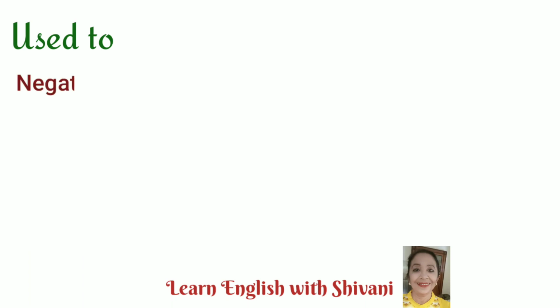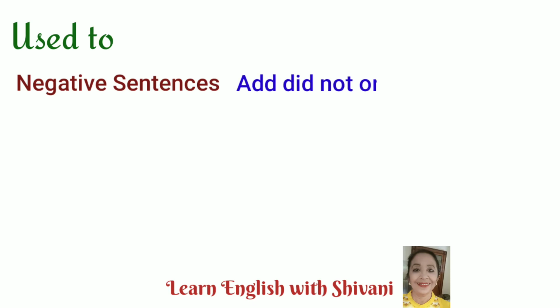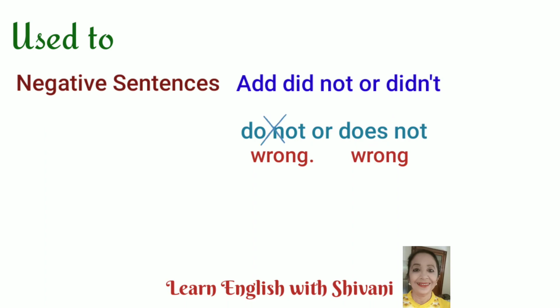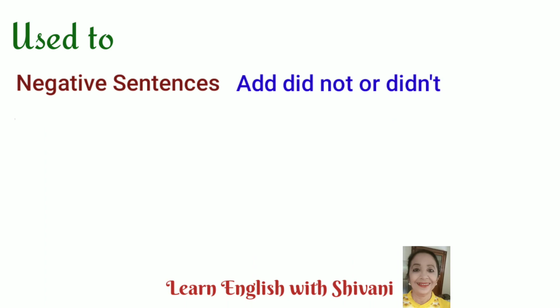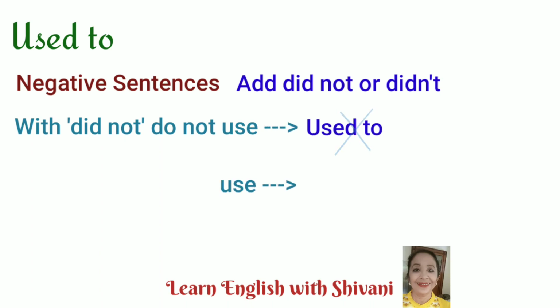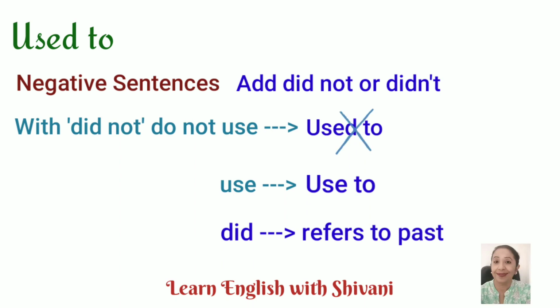Now let's see how negative sentences are formed. We can form negatives by adding did not. Since we talk about the past, we don't use do not or does not. With did not, we don't use used to with a D. The auxiliary did is already in the past.